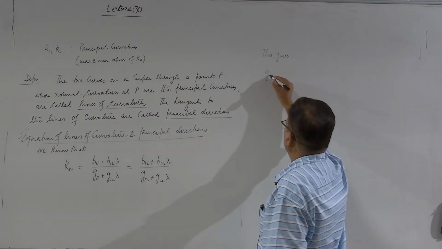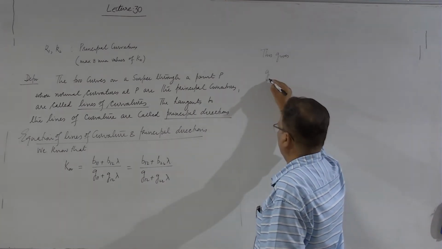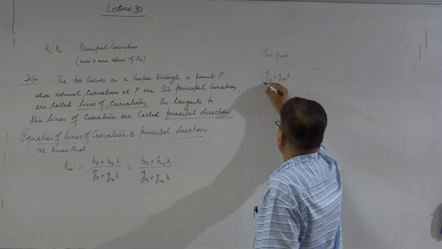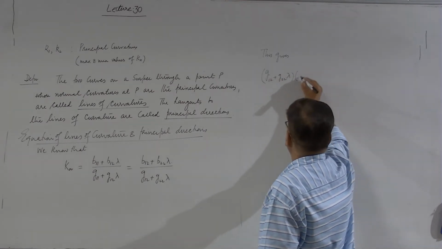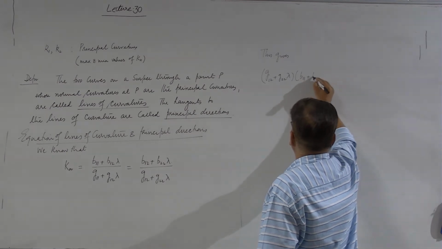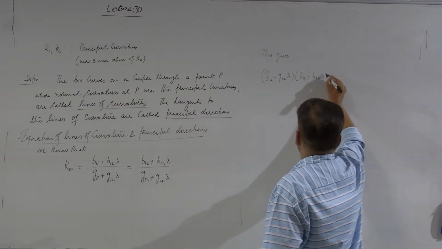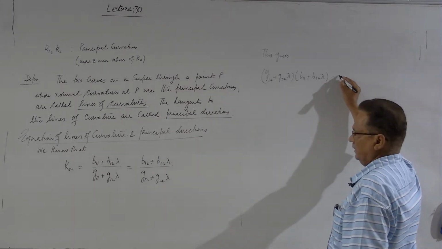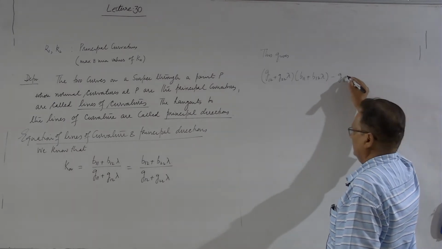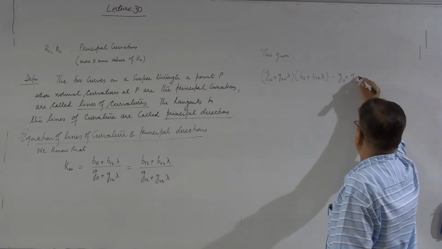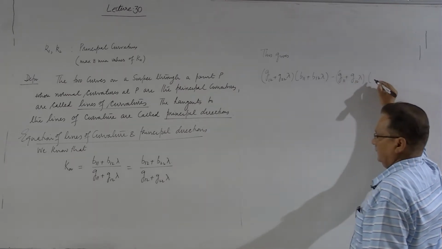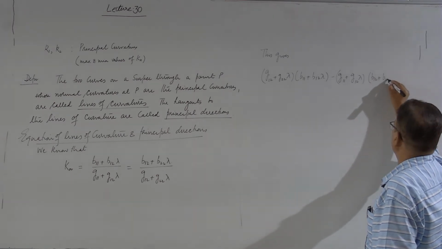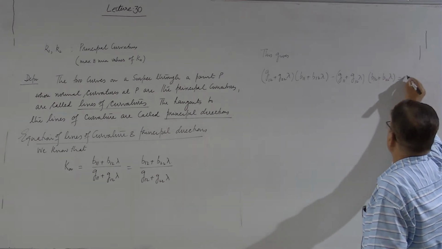I am cross multiplying: (G12 + G22 lambda) into (B11 + B12 lambda) minus (G11 + G12 lambda) into (B12 + B22 lambda) equal to 0.